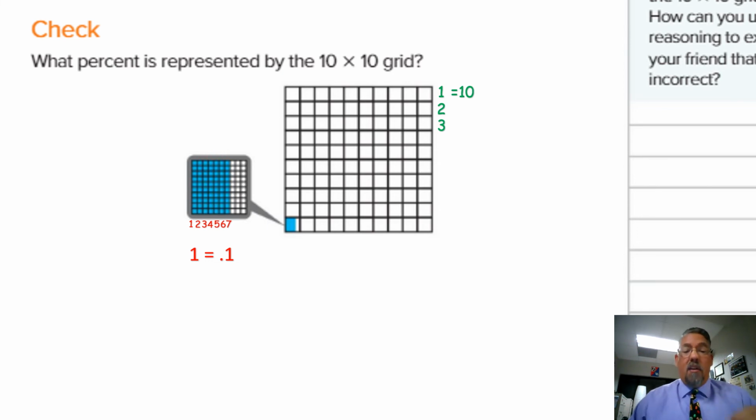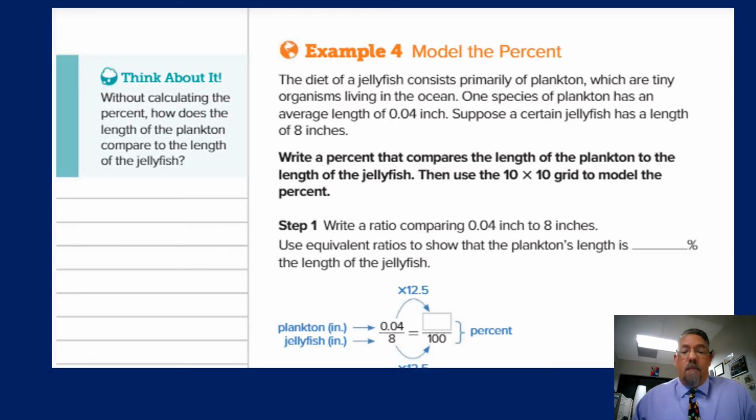So if I know that each one is worth 1/10 and I have 7 of them, then I pick up my handy dandy calculator and I type in 7 times 0.1, don't forget the decimal point, and that tells me that that's the same as 0.7. So it is just simply 0.7%, also known as 7/10 of a percent, which you could write as a fraction as 7/10 followed by the percent sign.